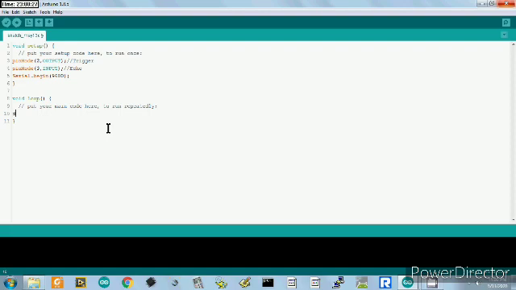For that, first of all, we have to make the trigger pin, that is the second pin, low first, then with a very small delay of 2 microseconds. Then we have to make the pin high.